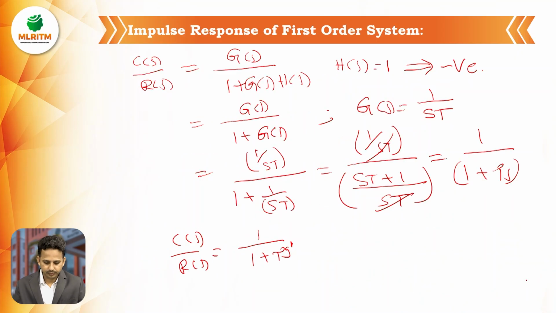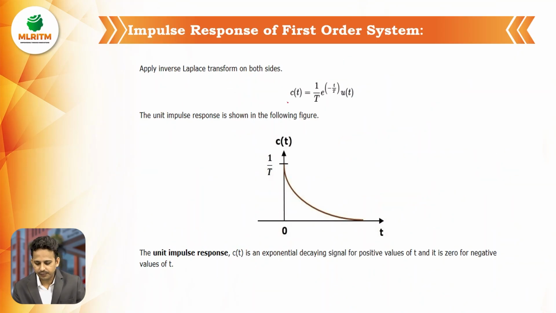Okay, see here. After applying the inverse Laplace transform, C of t is equal to 1 by tau e power minus t by tau into u of t. Now C of t is determined. So C of t is the output, or time response, of the impulse signal. Now I want to sketch a graph.